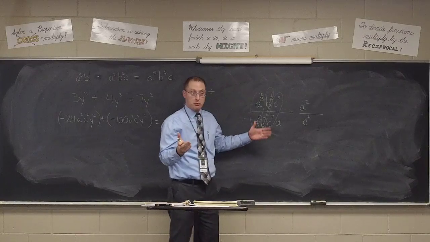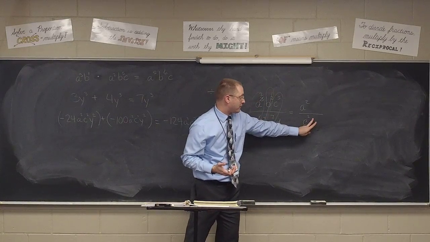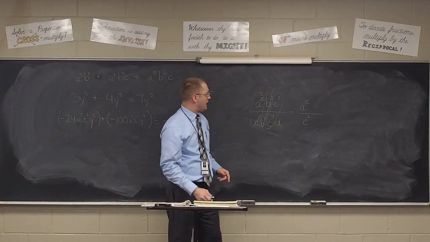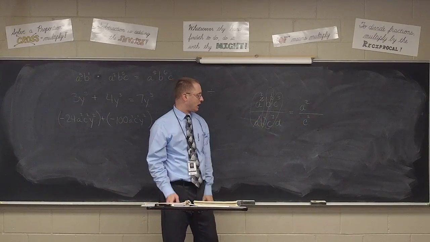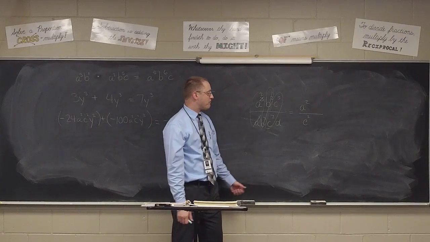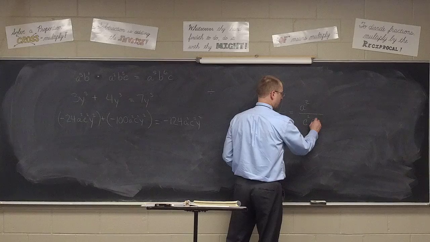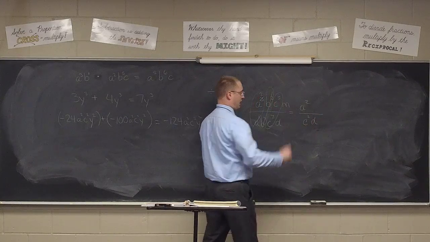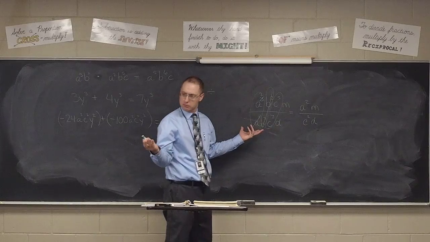In a sense, we say we subtract the exponents. 7 minus 5 is 2. But the winner was in the bottom, so he stays in the bottom. And then there's Glenn again, with no friends. What do I do with the d, class? Just leave him where he is. Where is he? At the bottom. If there had been an m right here, where would I leave him? At the top. Don't need to mess with the m, right?